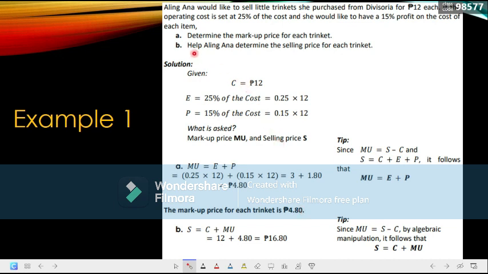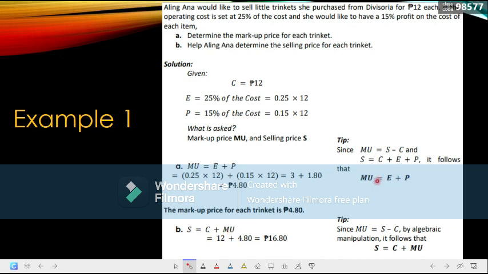Now letter B. Help Aling Ana determine the selling price for each trinket. So how are we going to solve for the selling price? We know already the markup. The markup price is 4.80. And we know already the cost price. Therefore, going back to the formula, the selling price is equal to the cost price plus the markup.